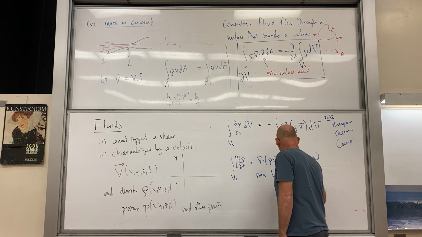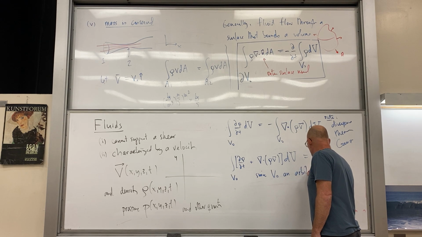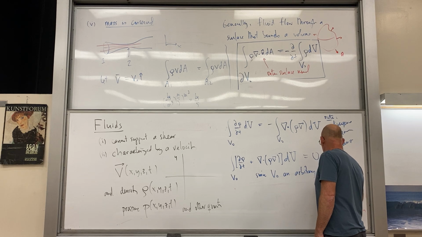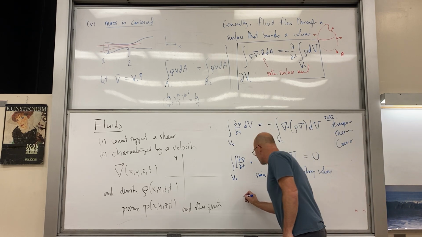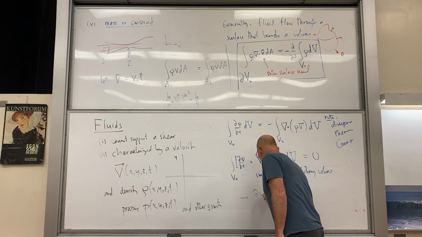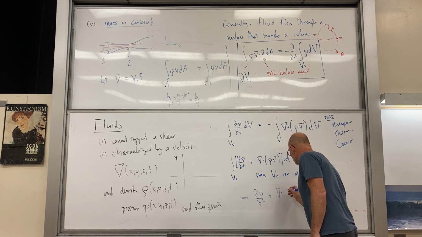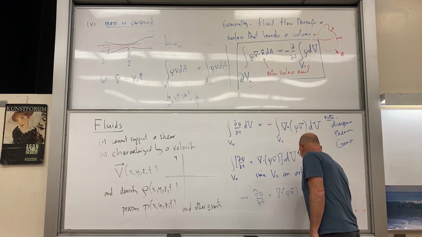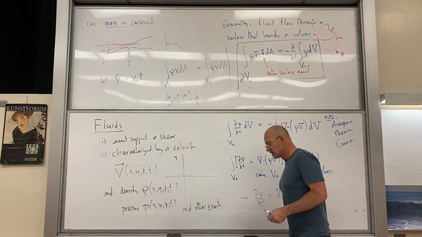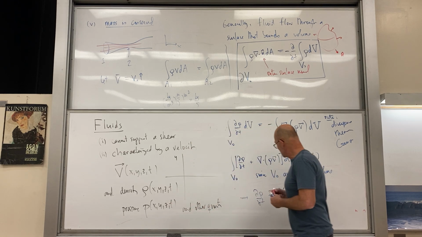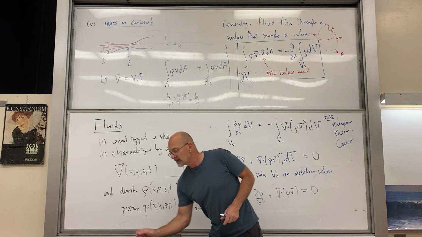Since V0 is an arbitrary volume, we end up with d rho dt plus divergence of rho times v equals 0. And that's the famous continuity equation.